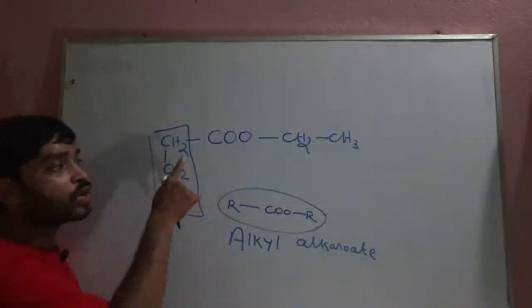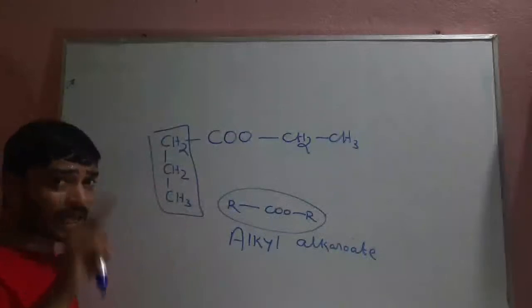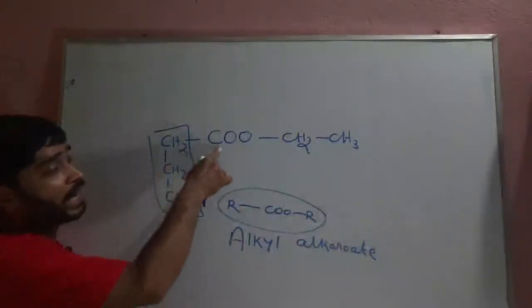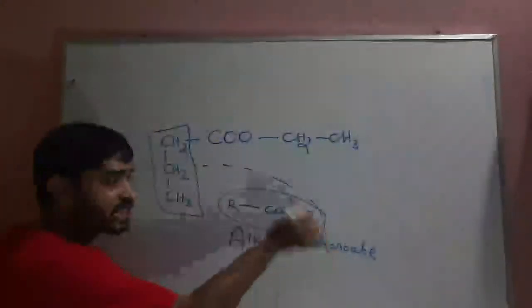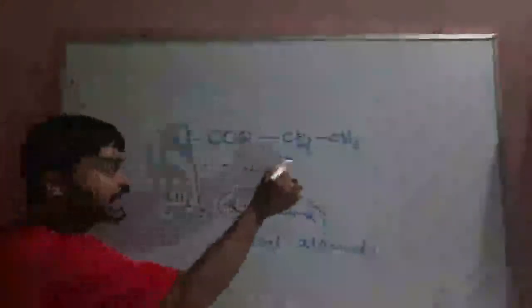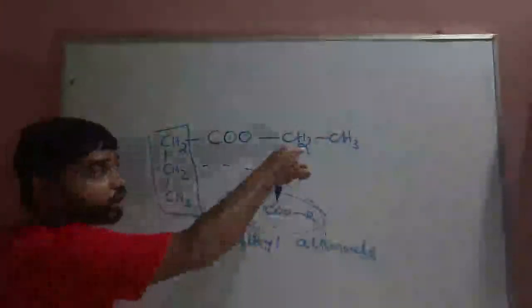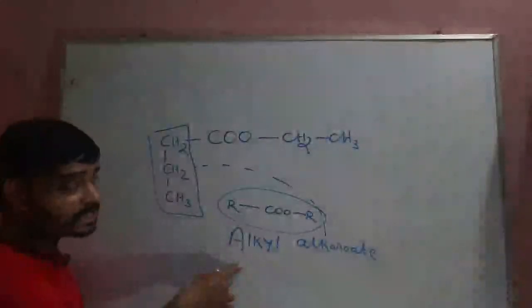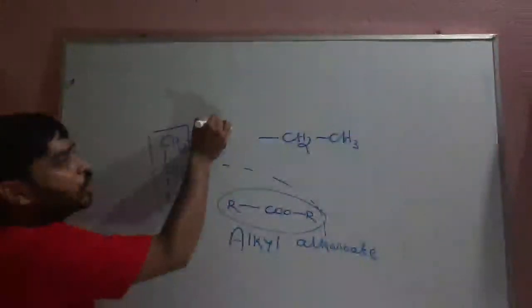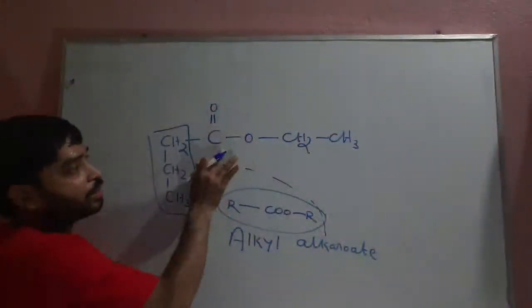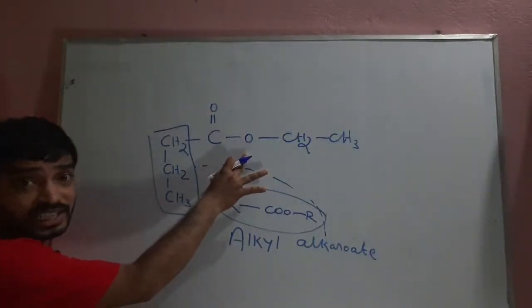The alkyl group which contains the maximum number of carbons. The maximum number of carbons will be counted along with the carbon atom of the functional group and included in the alkanoate section, and the alkyl group section which contains the minimum number of carbons will be included under alkyl. That means if we do the opening of the structure, the chain will be discontinued due to the presence of the oxygen atom.